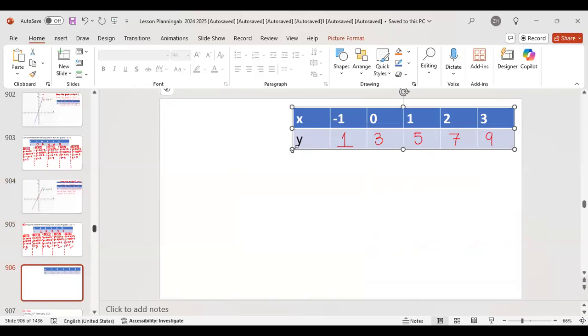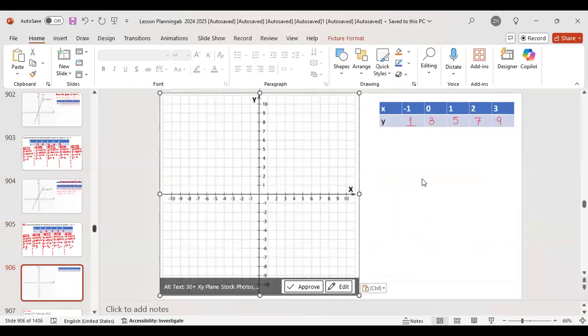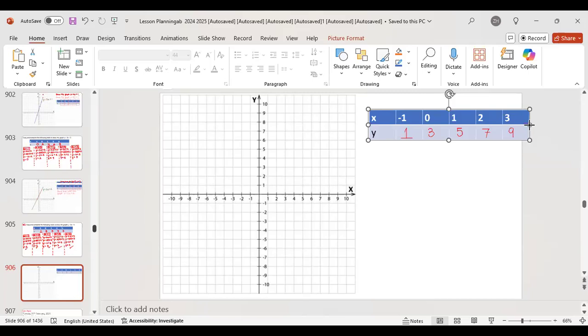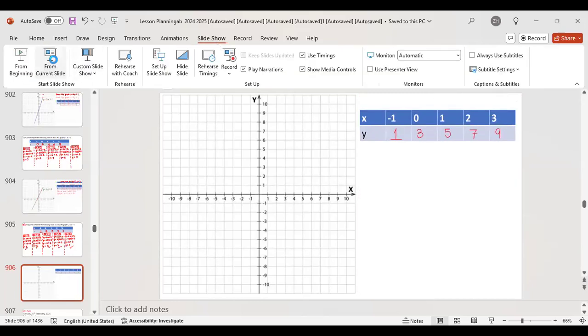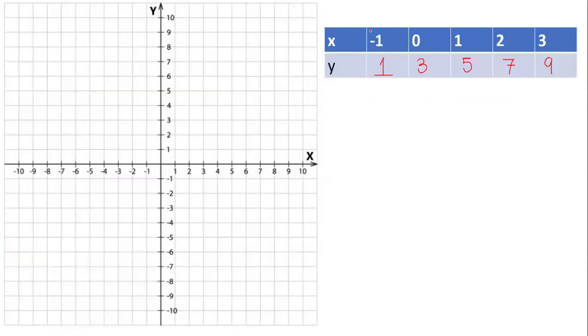And we have this one right now. So what do we have? We have -1 and 1.